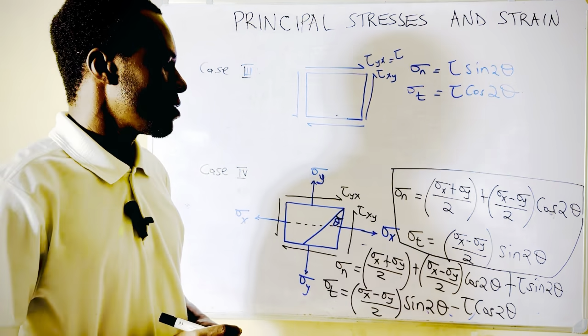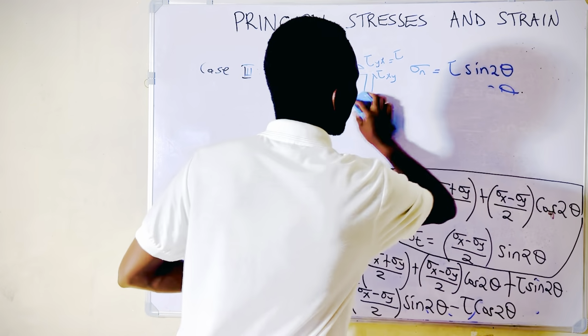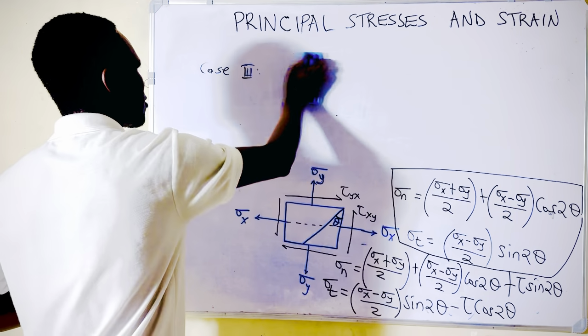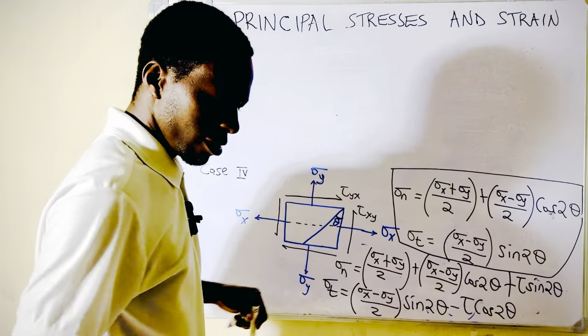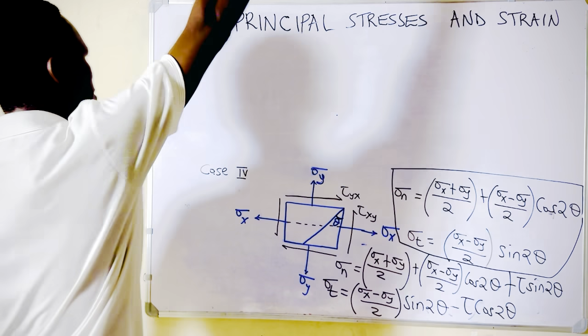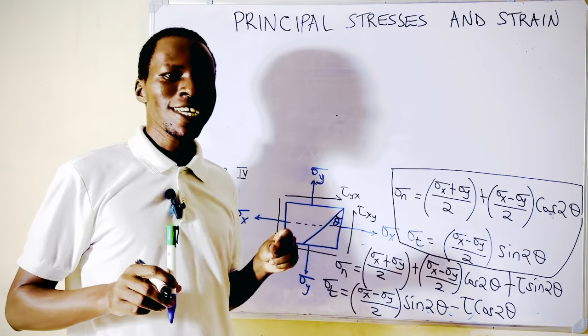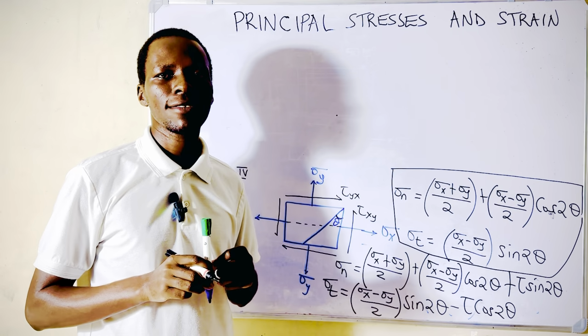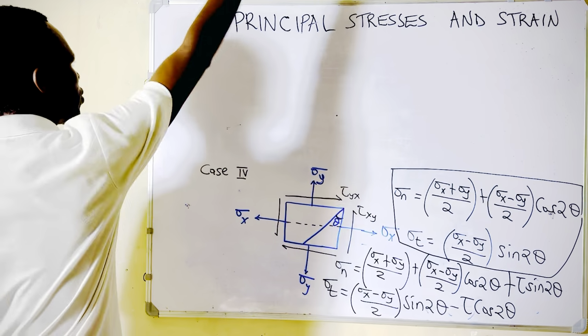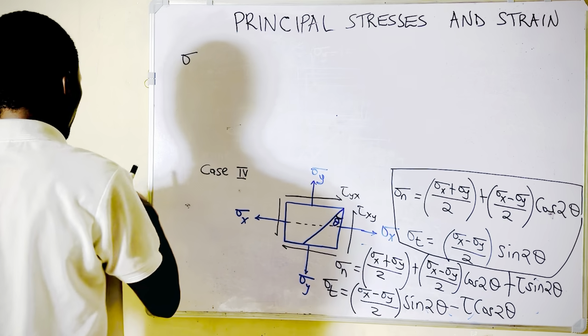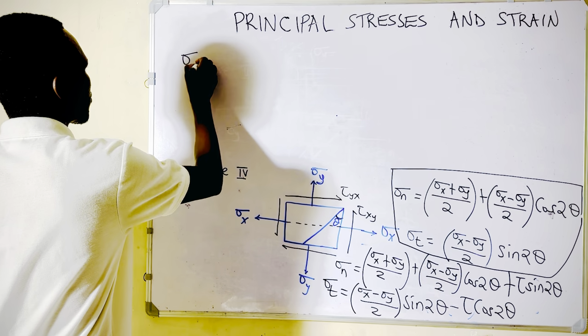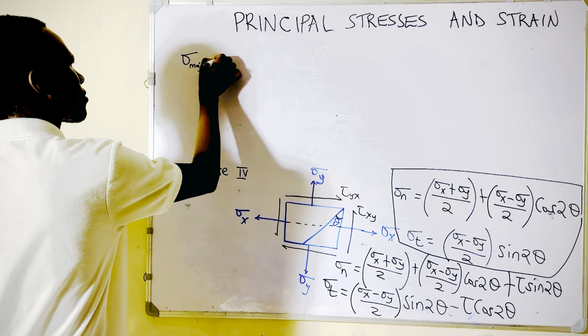But to continue furthermore, let's have what we call the principal stresses. In the principal stresses, we're going to look at the minor principal stress and the major principal stress. Okay, so let me give you what is called the major principal stress expression.